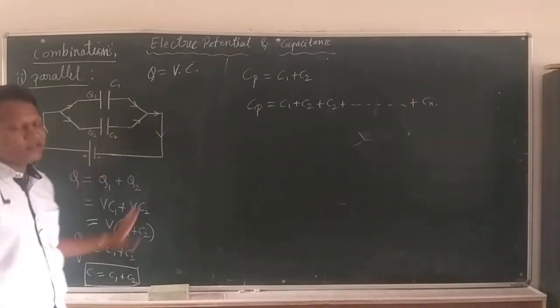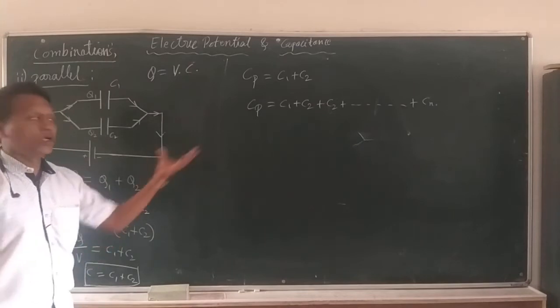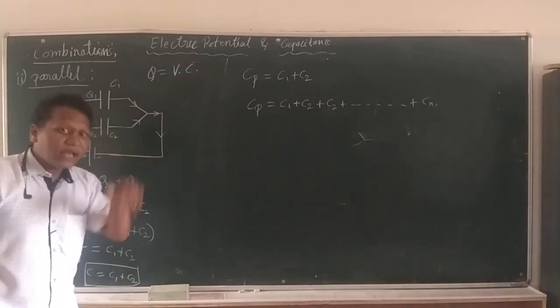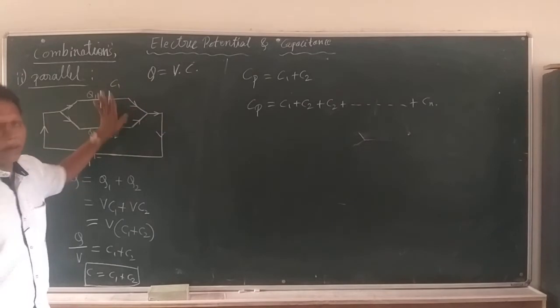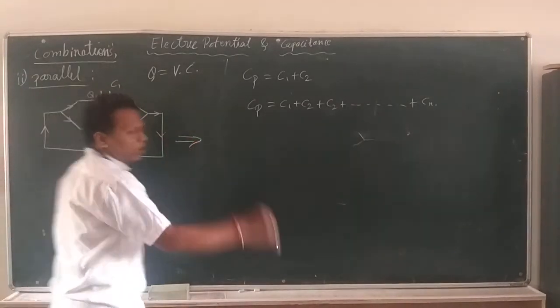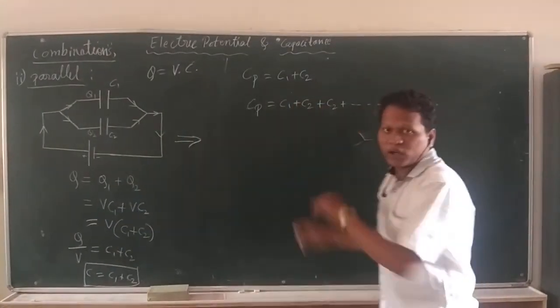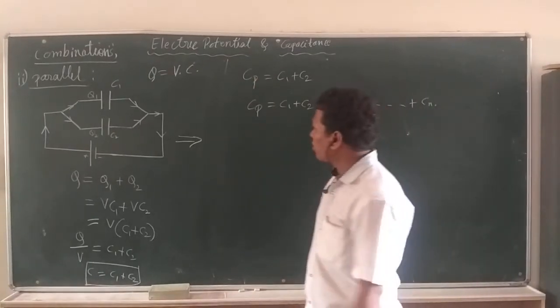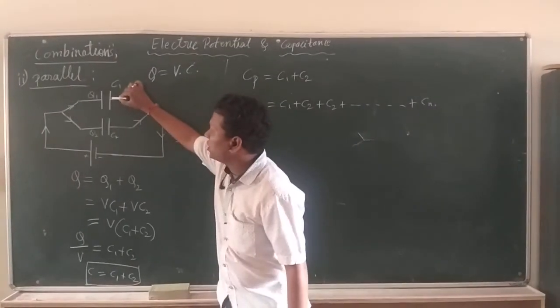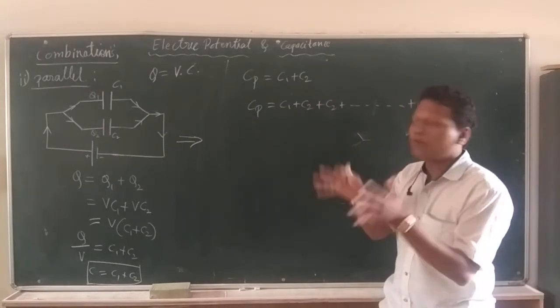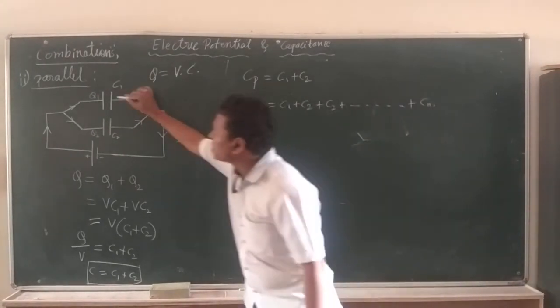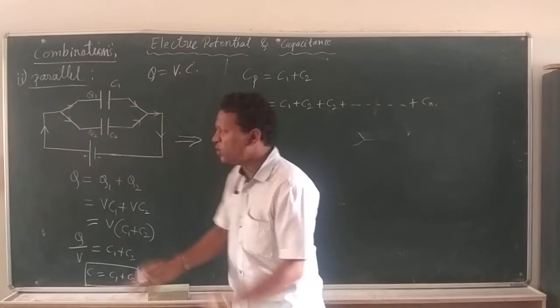So while deriving, we should remember to draw the equivalent capacitance circuit for both series and parallel combinations. How do we draw it? C1 and C2 are going to add up and merge into Cp.